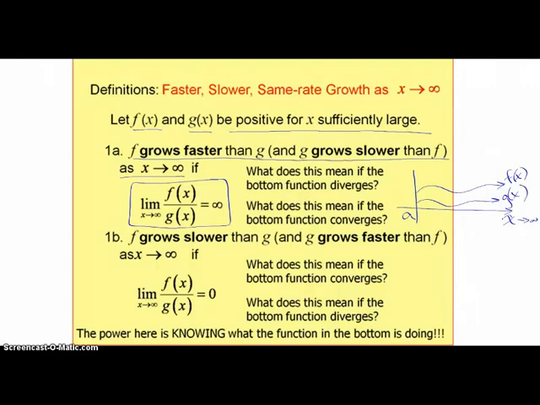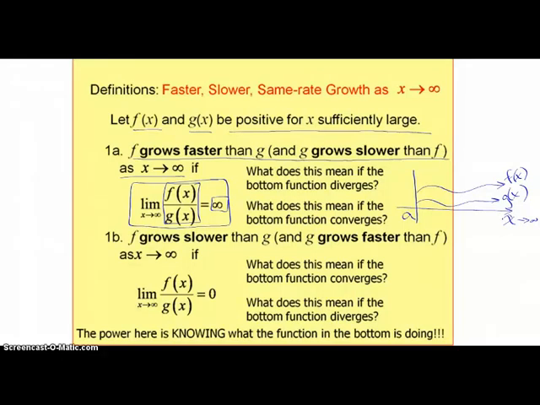If I put those functions in this ratio with f in the numerator, and I see what is happening to the outputs of this function as x tends toward infinity, I'm going to see that f is larger than g if that limit result is infinity.